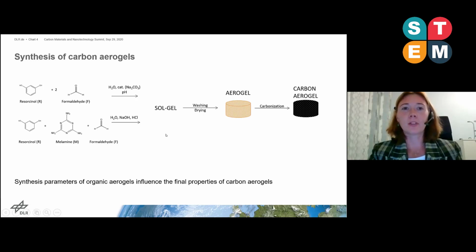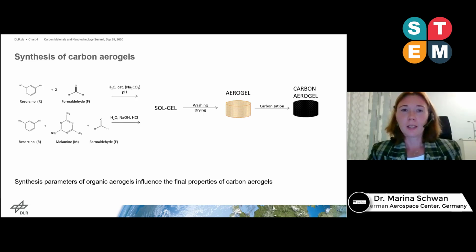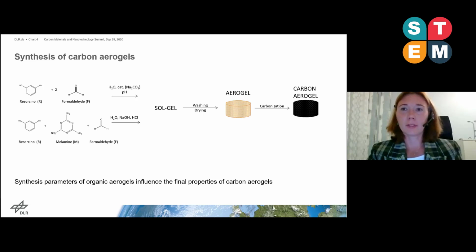After mixing the chemicals, we induce the sol-gel process. Once the gel is ready, it can be washed and dried supercritically in supercritical CO2 in an autoclave, or it can be just dried in an oven at ambient pressure. After drying, we get an aerogel, which means the pores of the gel are filled with air.